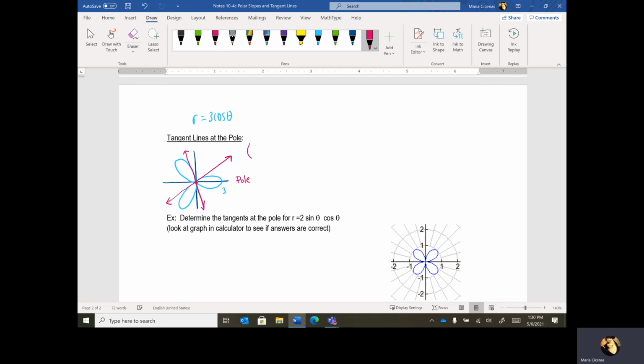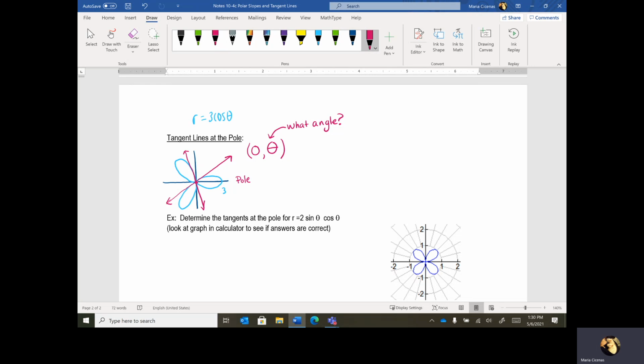So if they're going through the pole, it's going to be through 0, what we're going to need to know is what angle. So even though we're talking about tangent lines at the pole, we're not going to have to worry about the derivatives.